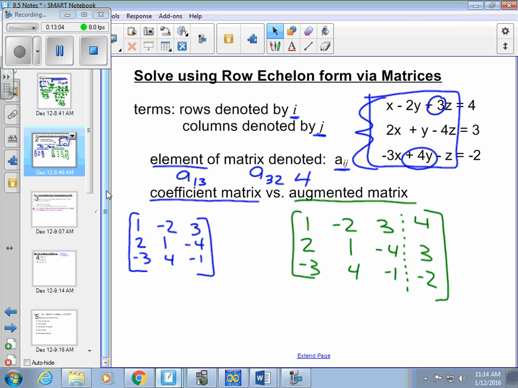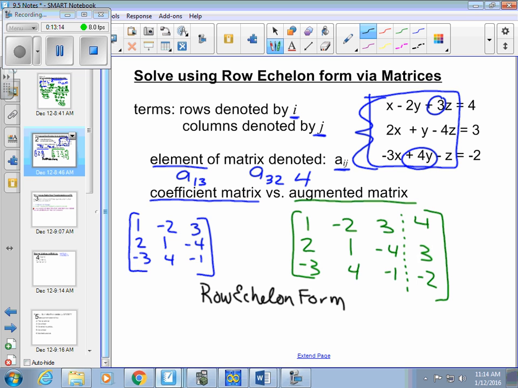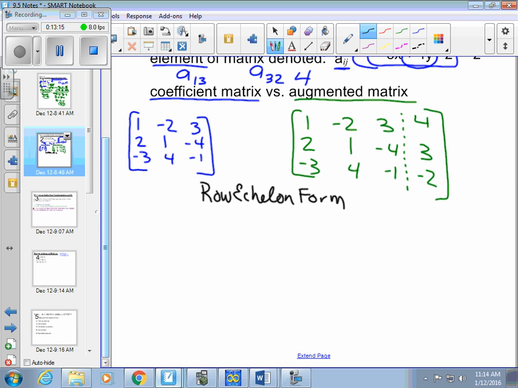Using these, what we're looking to do if we're talking about row echelon form: in row echelon form, your main diagonal is all ones, positive ones.